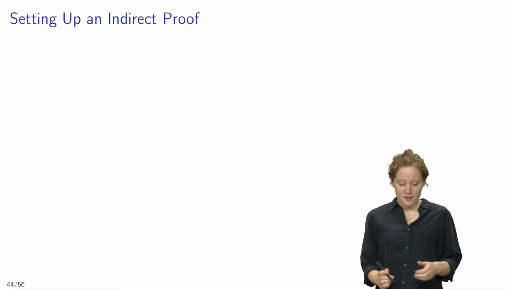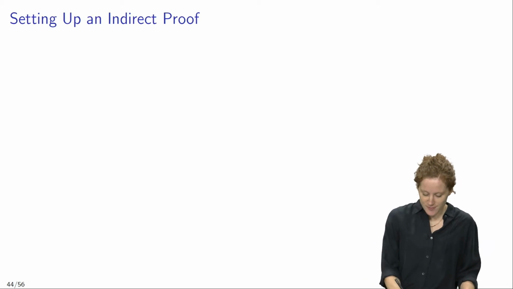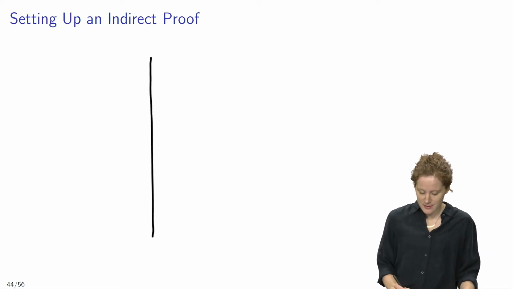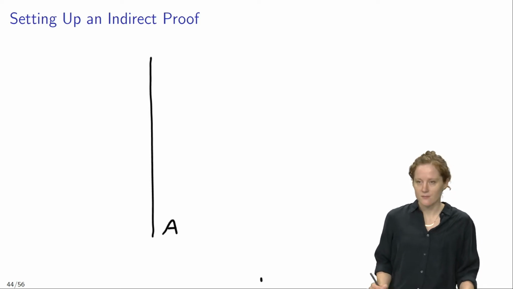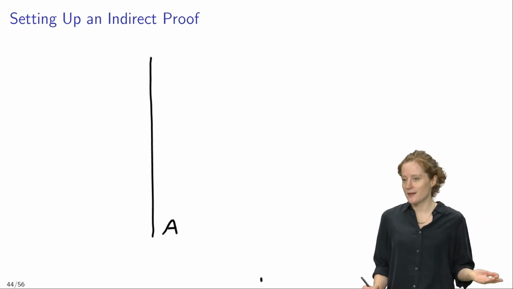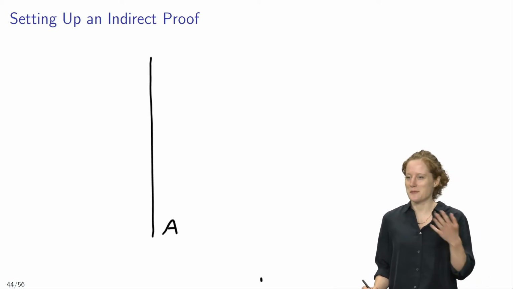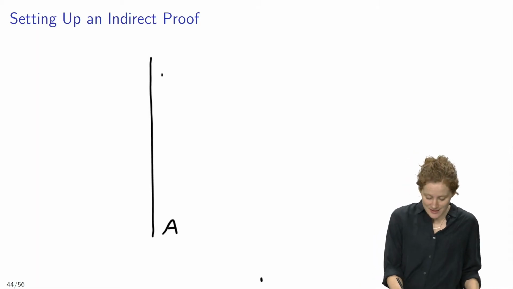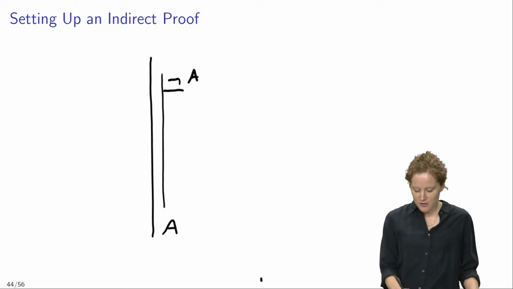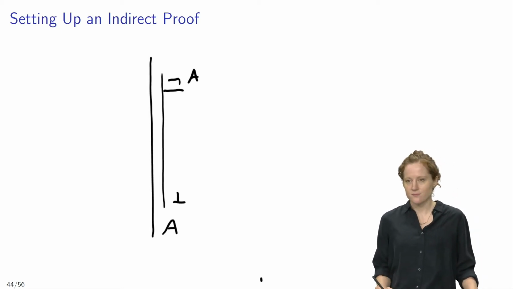So setting up indirect proof is pretty straightforward. We have already discussed this. Suppose you want to establish A. And you have tried backward planning. Backward planning doesn't help you to prove A. You have tried forward planning. Forward planning does not help you to prove A. Well, in that case, start a subproof that begins with the supposition that not A, and try to derive a contradiction.